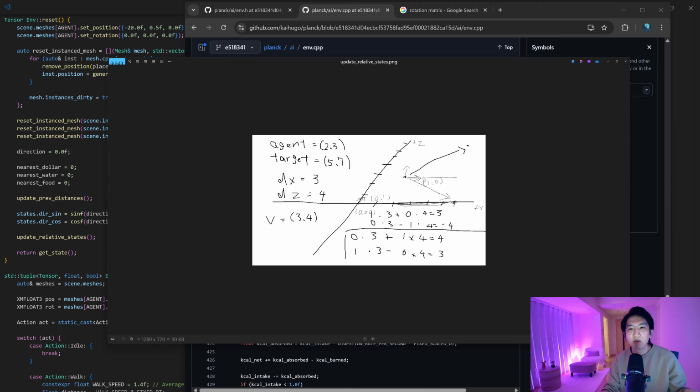But once I change the direction of the AI, in the world coordinate system it's still 3,4, but in the agent coordinate system, this is not 3,4. If he's facing this way, it's actually 3,-4 from here: 3 units to the front and -4 to the left.